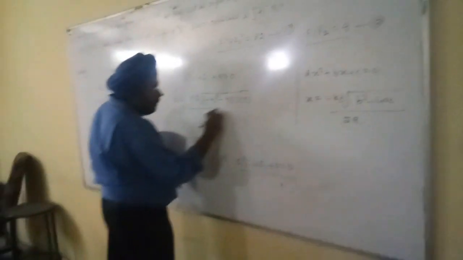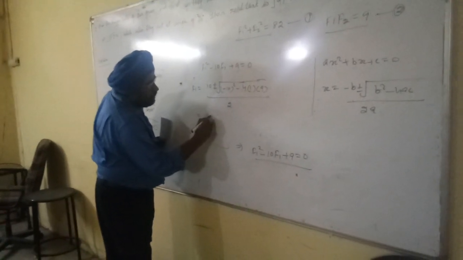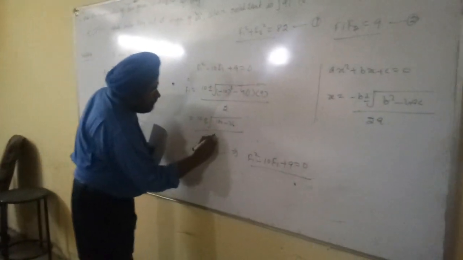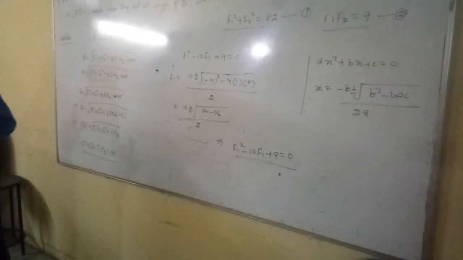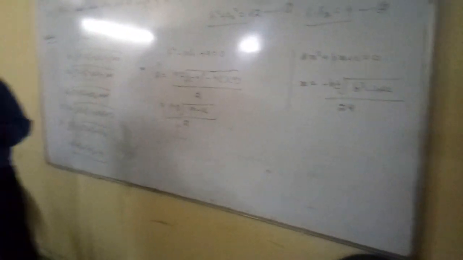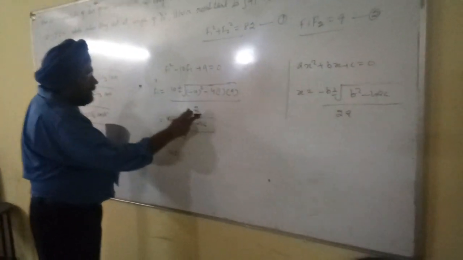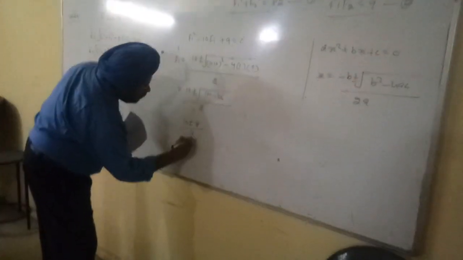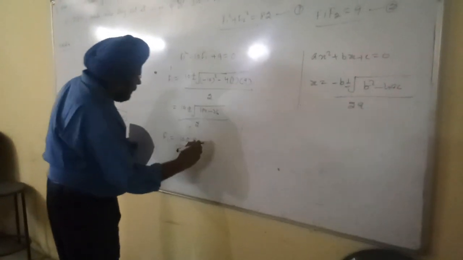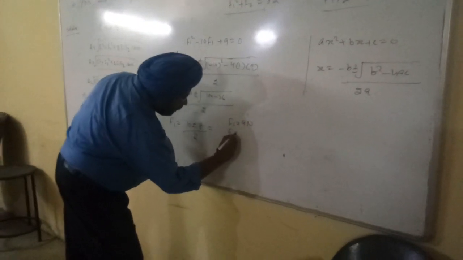So F1 is equal to (10 ± √(100 − 36)) upon 2. That is 10 ± √64, which is 8, upon 2. So two values of F1 are: taking the positive sign, F1 is equal to 9 Newton, and taking the negative sign, F1 is equal to 1 Newton.